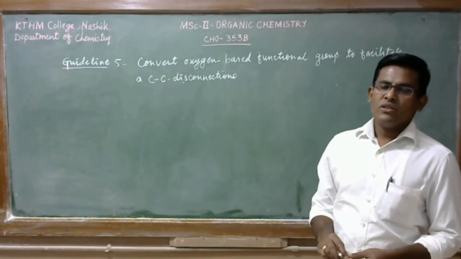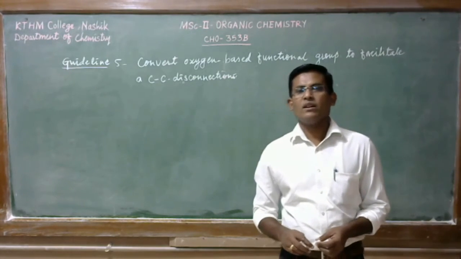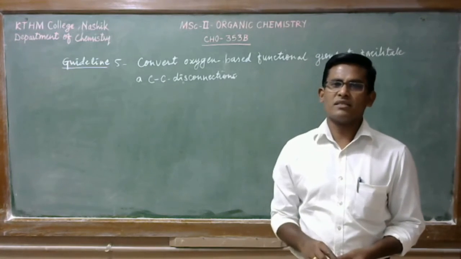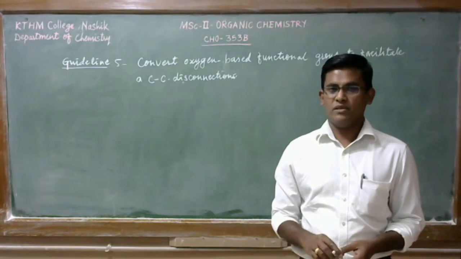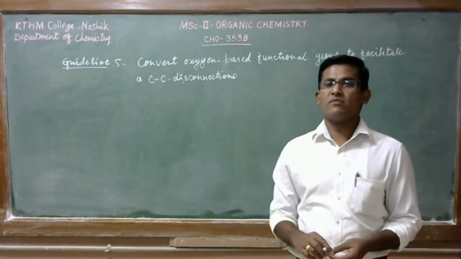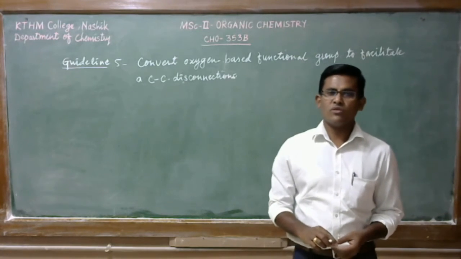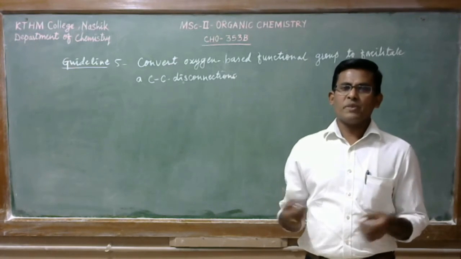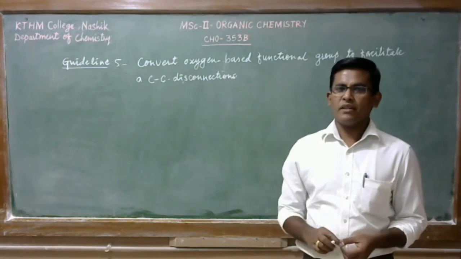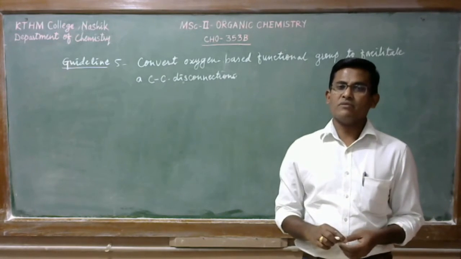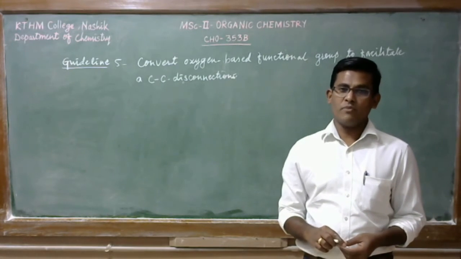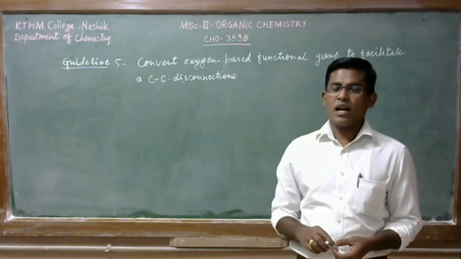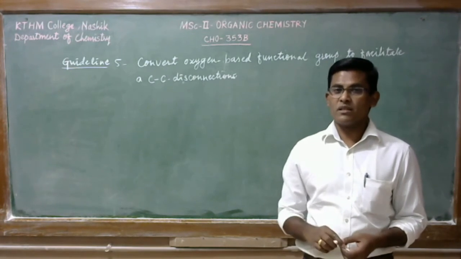When you do the retrosynthetic analysis and our target molecule doesn't have a carbonyl compound, what would be the possible way if our target molecule is having a hydroxyl compound, which can be converted into carbonyl compounds?